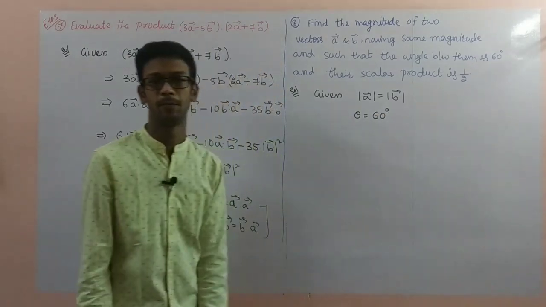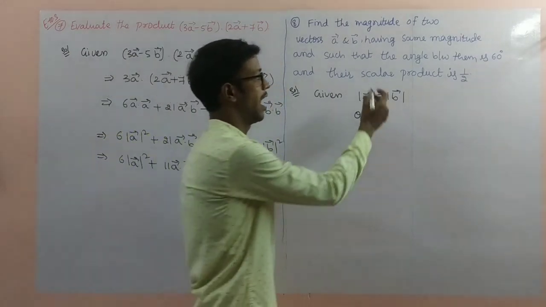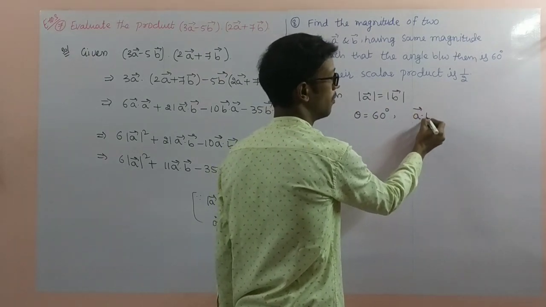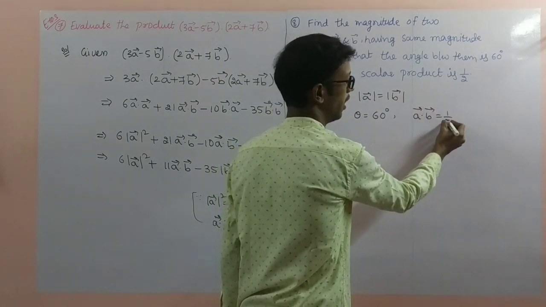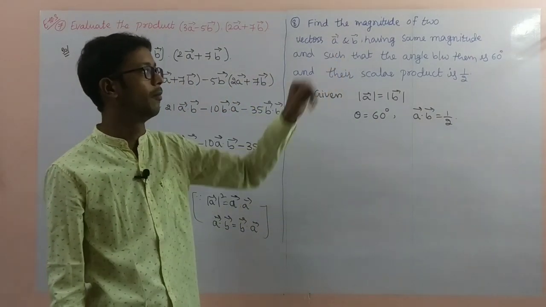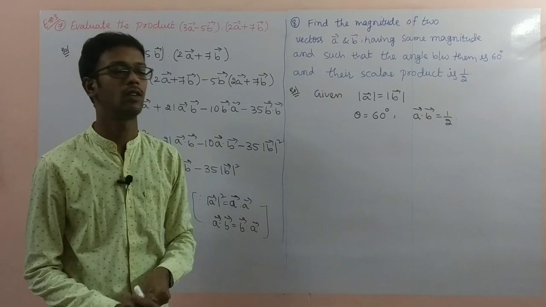Next, the scalar product a bar dot b bar equals 1 by 2, they given. So now you have to find the magnitude of a bar and magnitude of b bar.